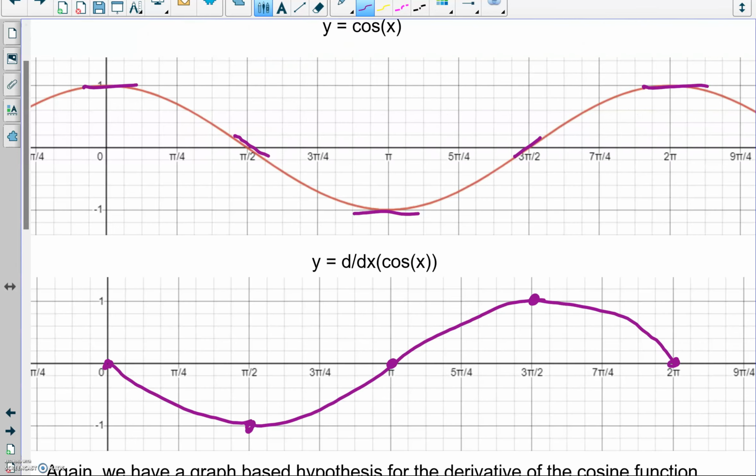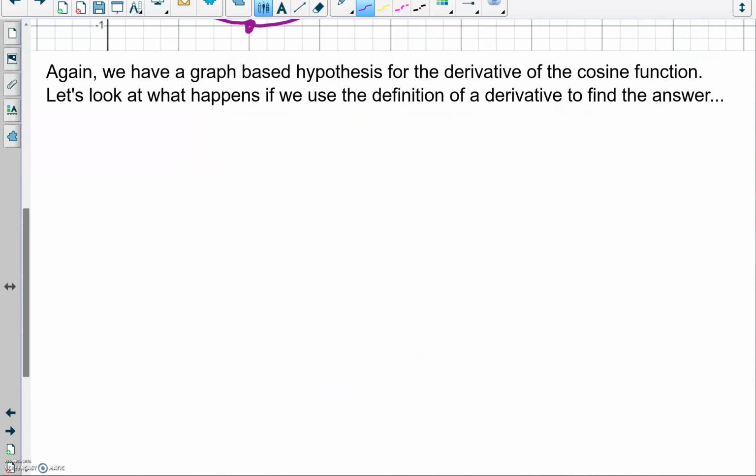We'll have the limit as h goes to 0 of the cosine of x plus h minus the cosine of x all over h.